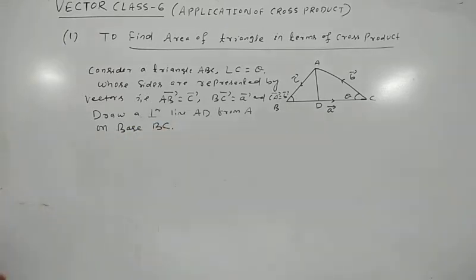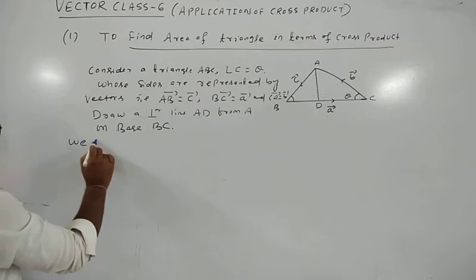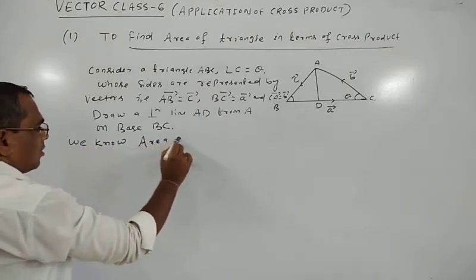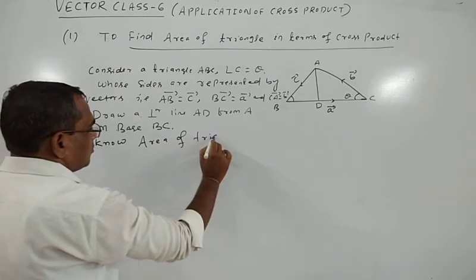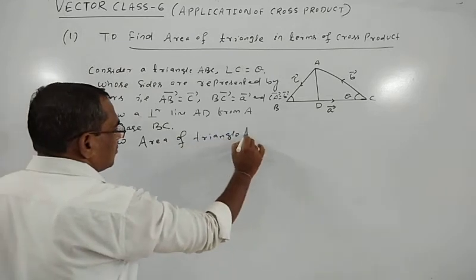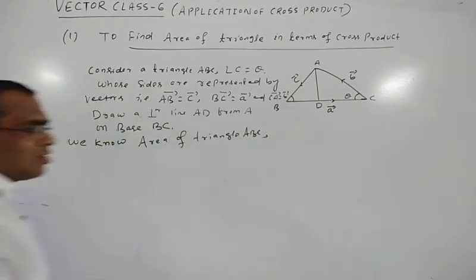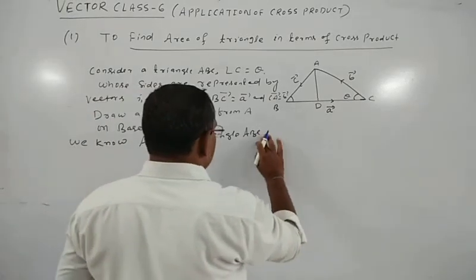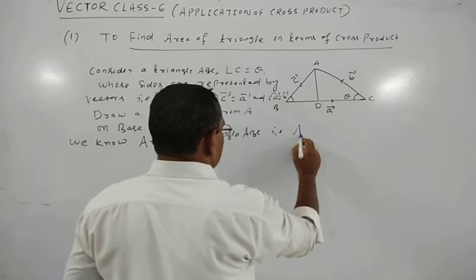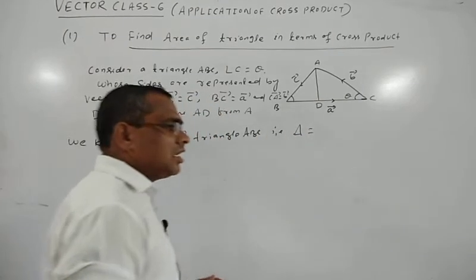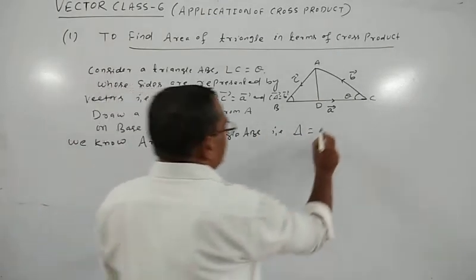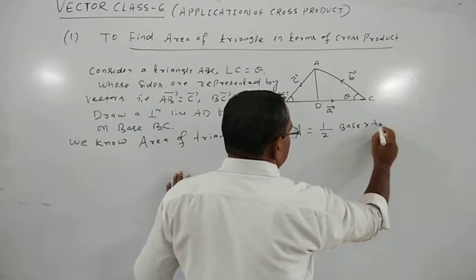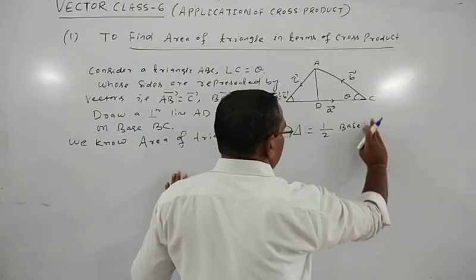We know the area of triangle ABC, that is delta, where delta represents the area of the triangle, is half into base into height.